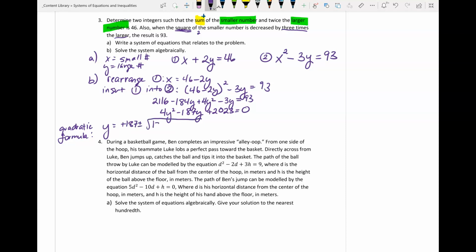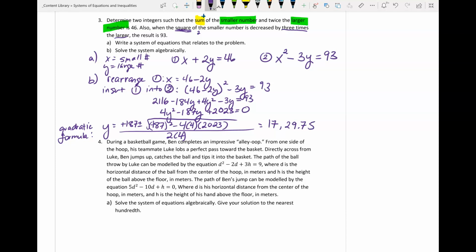B squared minus 4a, which is 4, and c, which is 2023, all divided by 2a. You can use your calculator for this. So if you go ahead and evaluate this in total, you're going to get two numbers. One is 17 and the other one is 29.75.